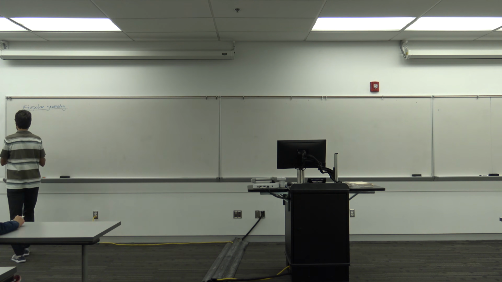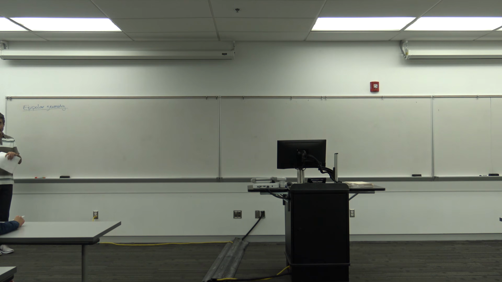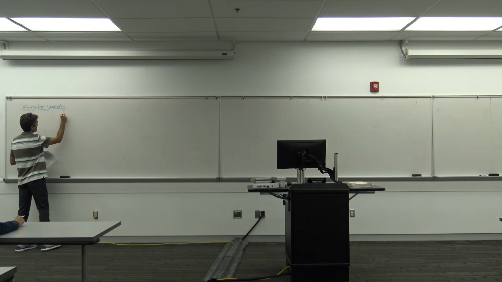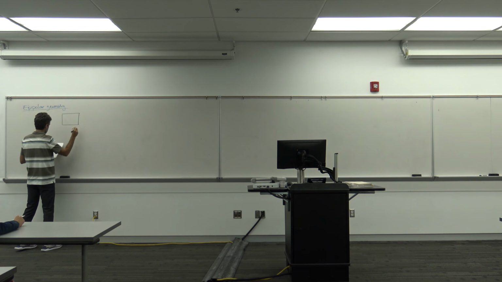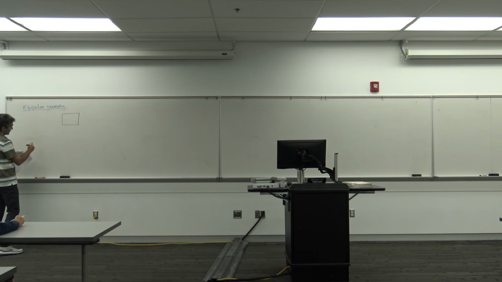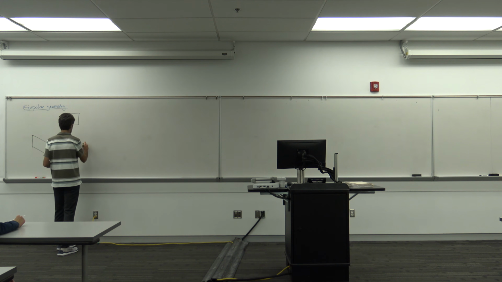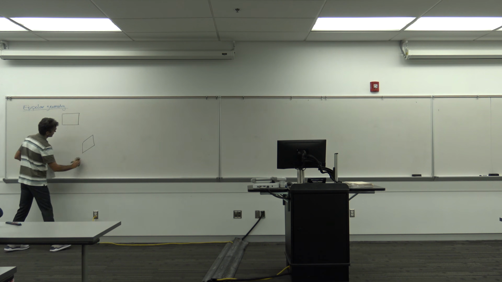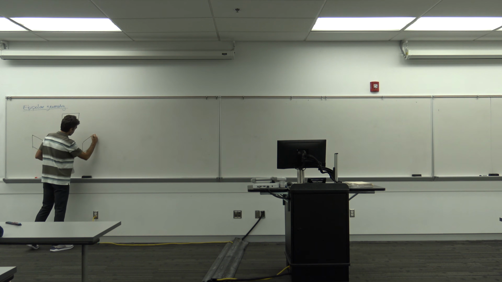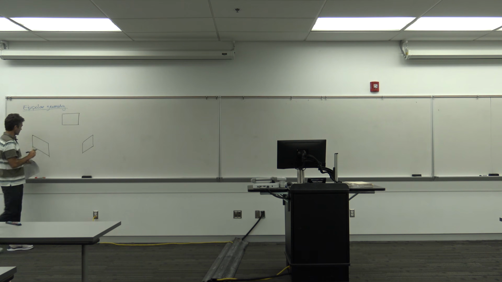So let me just sketch the 3 camera case to give you an idea what this looks like. So imagine I have 3 cameras. That's my 3rd camera, this is my 1st here, and I'm going to do my 2nd here. This is my 1st camera, let me call it pi 1.